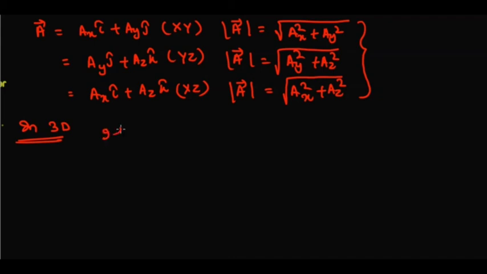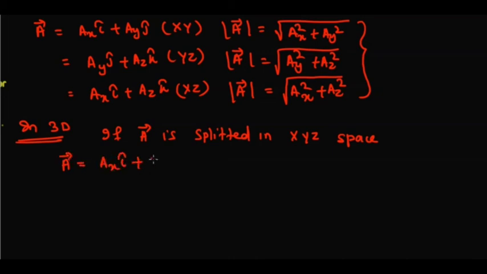So if vector A is split in x, y, z space or in 3D, then it will have some x component, some y component, and some z component. It means I can write a vector like AX I cap plus AY j cap plus AZ k cap.